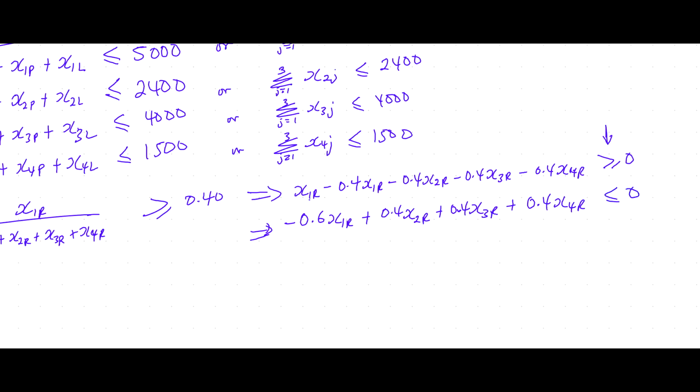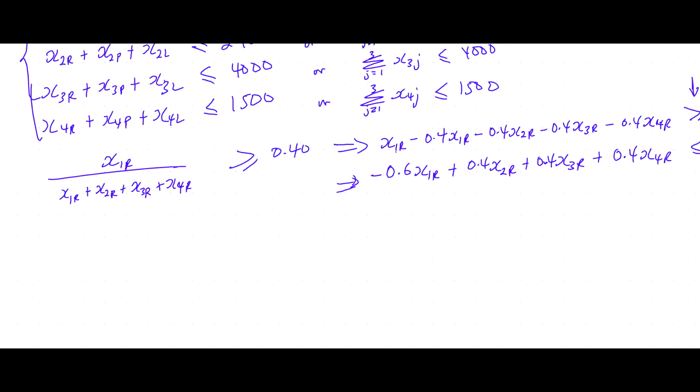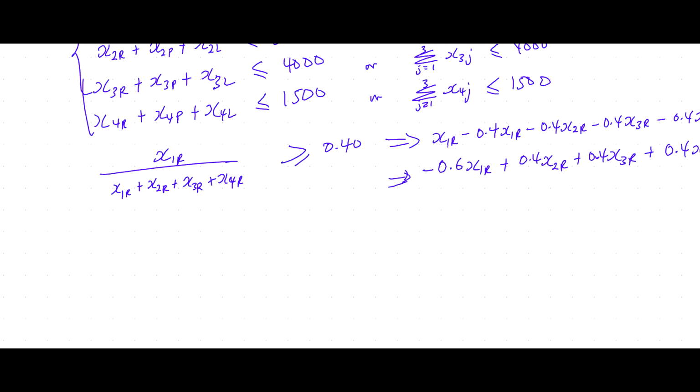So something like that. This is the form for a maximization problem for linear programming. We'll look at that when we are looking at the properties of a typical linear programming model, or the general form of a linear programming model.